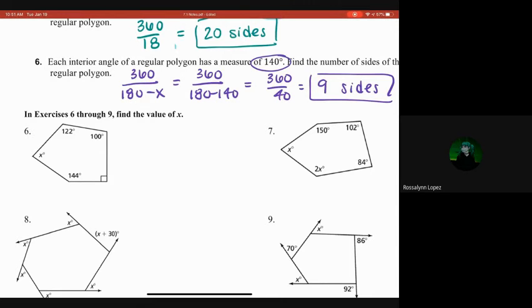I don't really care how you solve it, as long as you find it in a reasonable manner that works all the time. So I'm going to take x plus 122 plus 100 plus 90, because we have our right angle box over here, plus 144 equals 540, because this is a 5-sided shape.